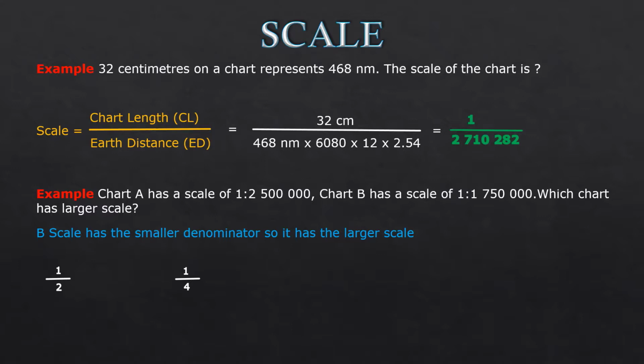If we divide, the smaller denominator is 1 by 2, that is 2. So the first scale is the larger scale. When we divide, it gives 0.5 and 0.25. Which one is larger? Of course 0.5. So the scale is larger where the denominator is smaller.